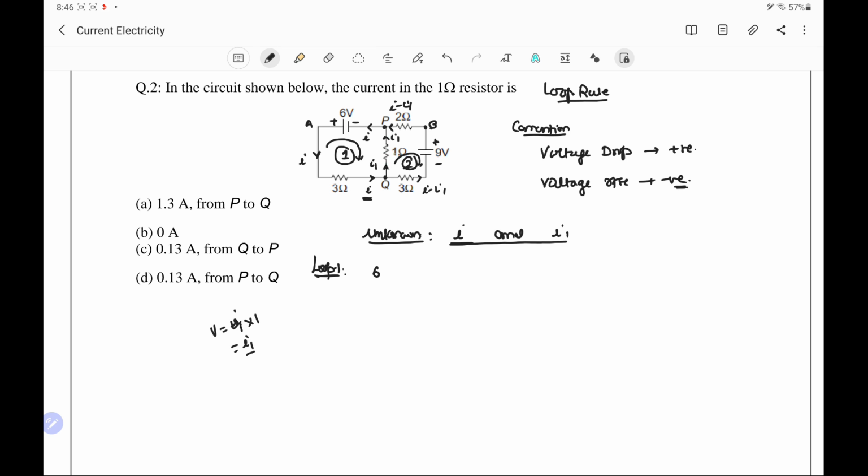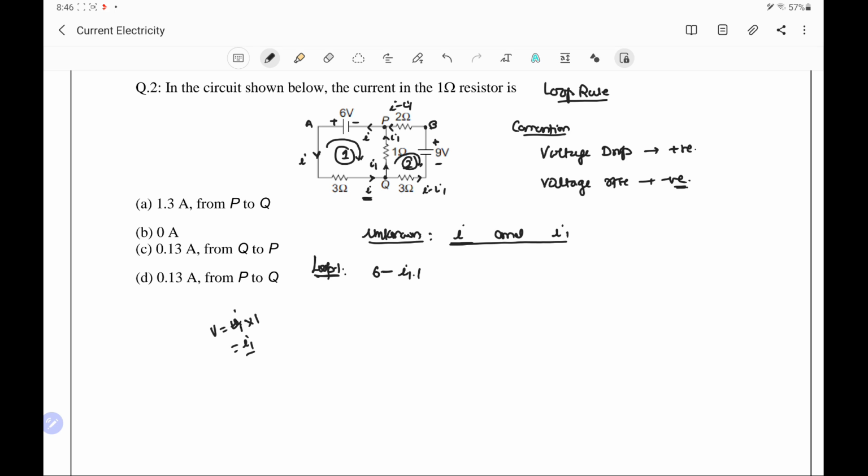That means our traversal is from low voltage to higher voltage. Voltage is increasing, and if voltage is increasing, then this voltage drop will be taken negative. So it is minus I1 into 1. It means when we are moving, if current is flowing opposite to the traversal direction, that voltage drop will be taken negative.